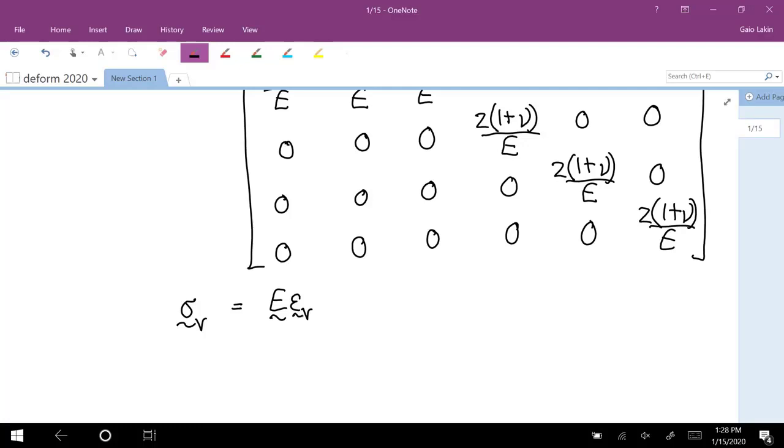If the thing is really stiff, it's hard to deform it. These values are big, okay? The strain is a way to measure deformation, and the stress is a way to measure load. And so it's the same idea, but obviously the math gets more cumbersome. That's a V for Voigt, yeah.